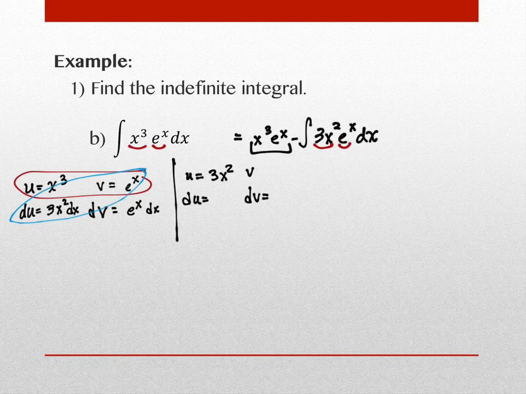And my dv will be still e to the x dx. All right, so what's the derivative of 3x squared? 6x dx. I'm kind of running myself out of space a little. Move this a little bit. And the antiderivative of e to the x is e to the x.